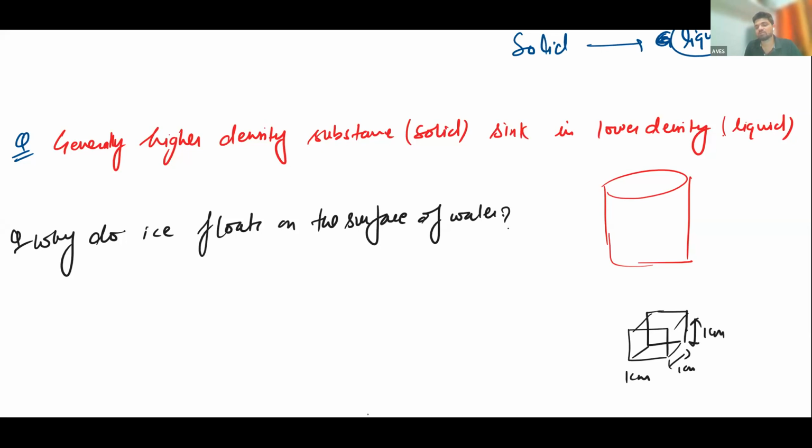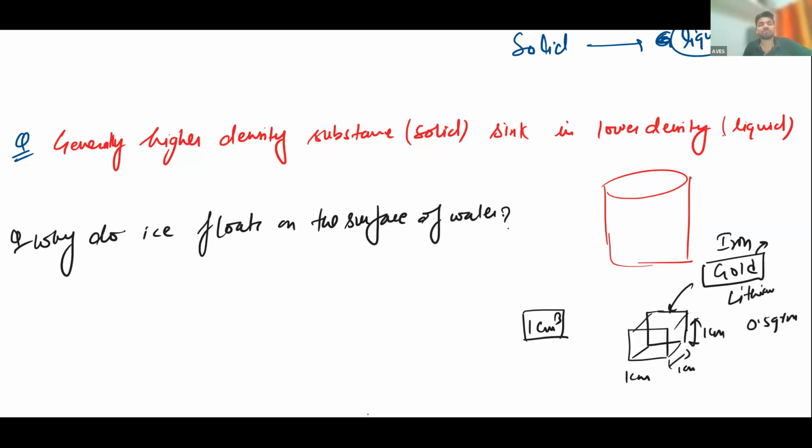So its volume will be L into B into H, that would be 1 centimeter cube. If I have the same size iron, same size gold, same size lithium, we will find that gold will be the heaviest of them all. Lithium will be the lightest. Lithium will have only 0.5 gram.